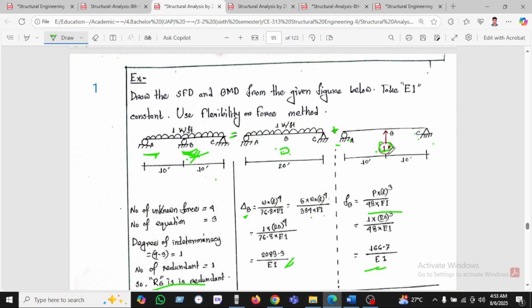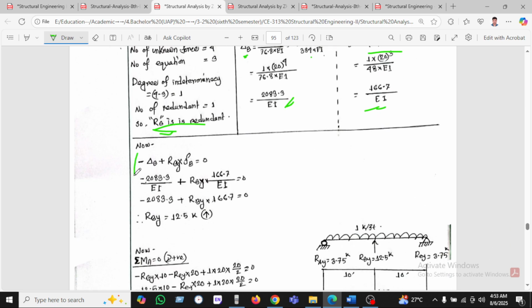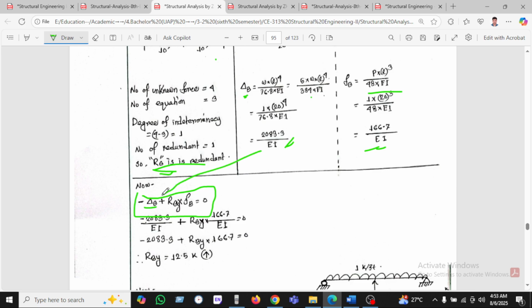We have just written it at B. This is the formula as seen in the Hibbeler book. So we found delta B, and we will find out RB.